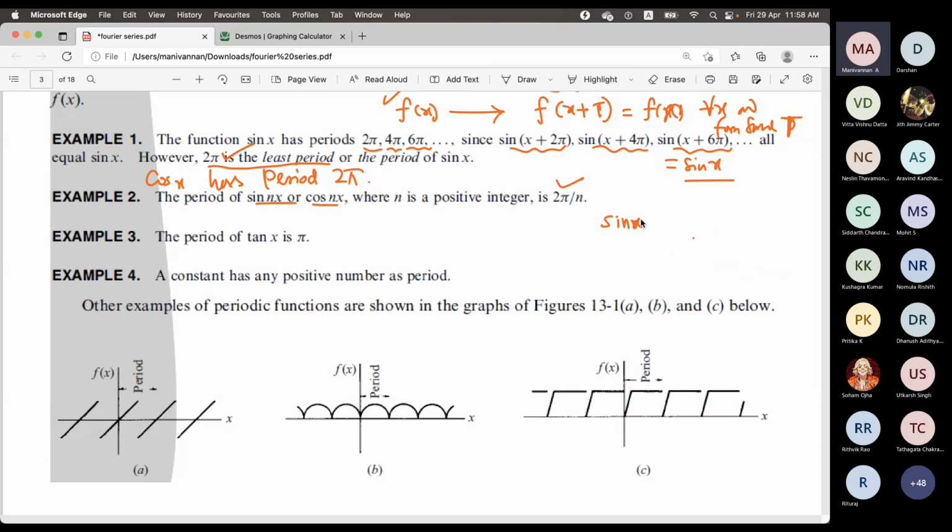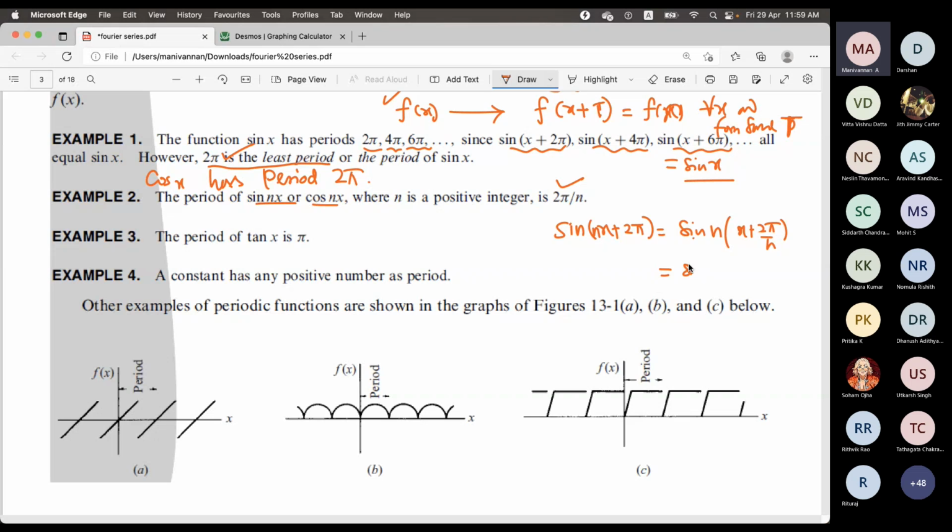But if we assume the sine function sin n of x plus 2 pi by n, will it work?